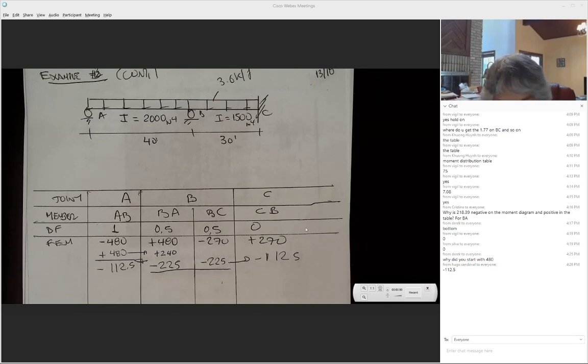Derek, you are the one that I know is here. Can I start at joint C? No, because it's always in equilibrium. I can start at joint B, or I can start at this joint, because they're not in equilibrium. So the answer is we can start at any joint that is not in equilibrium.